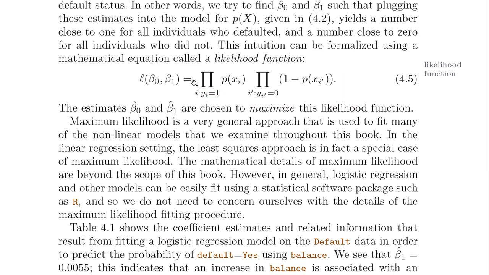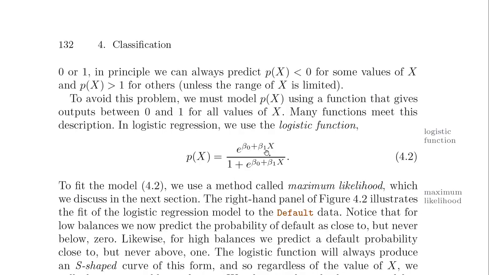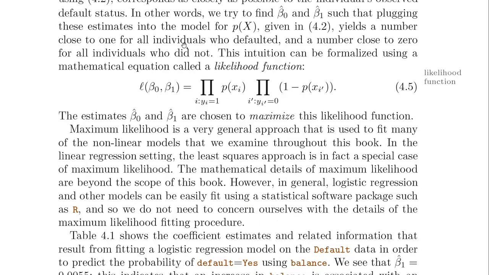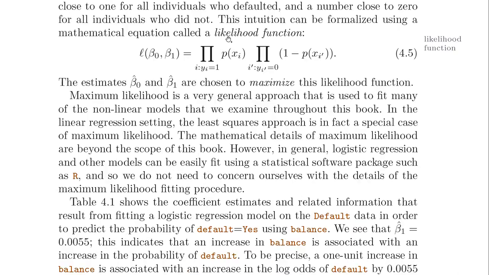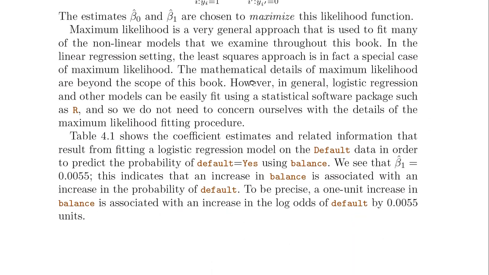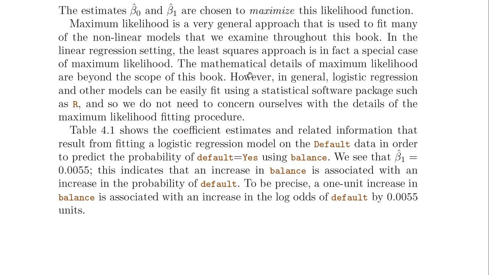We're saying that for every beta naught and beta 1, this function will give you a different output, but we pick beta naught and beta 1 that maximize this output. In fact, that's exactly what we're saying here. The estimates beta naught hat and beta 1 hat are chosen to maximize this likelihood function.